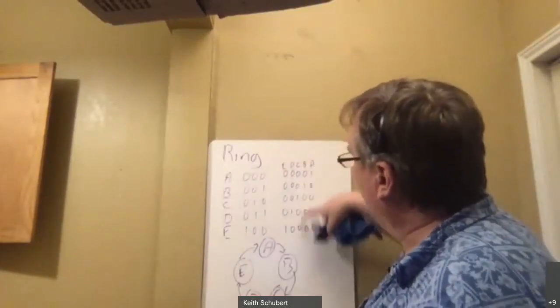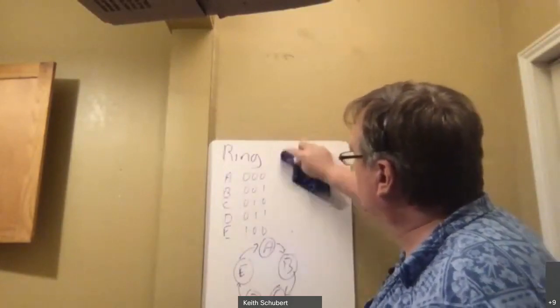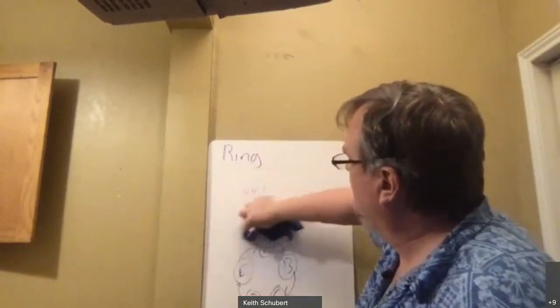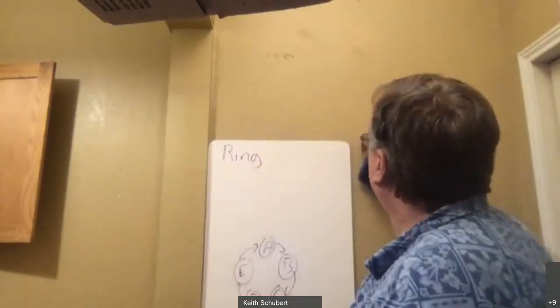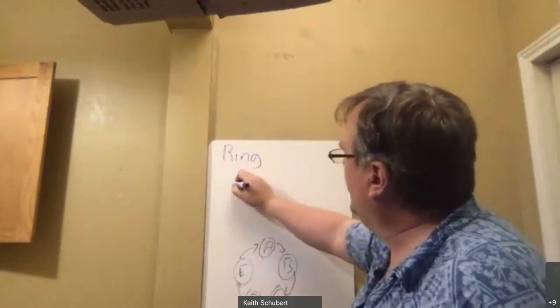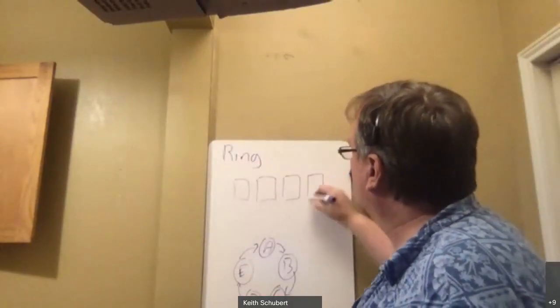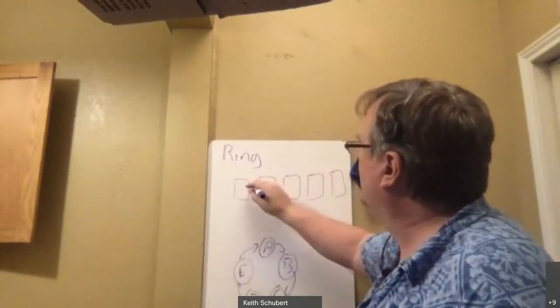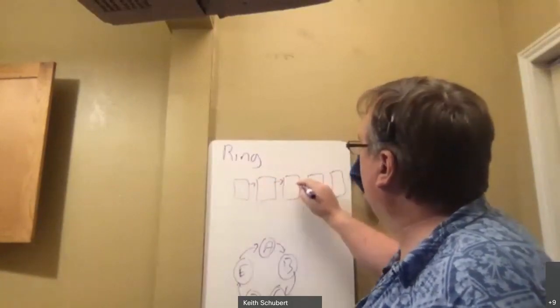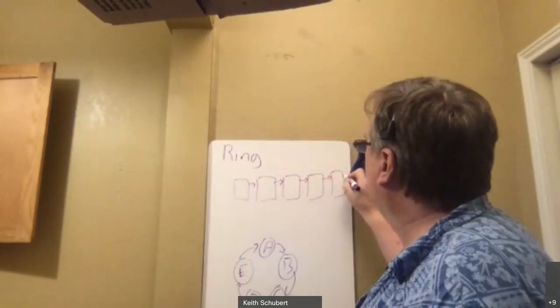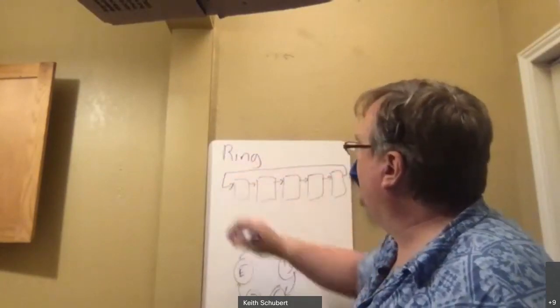A ring counter, I'm going to erase this because I think it's fairly obvious. What a ring counter does is I take my D flip-flops and hook them up to be able to count, and then I feed them back.